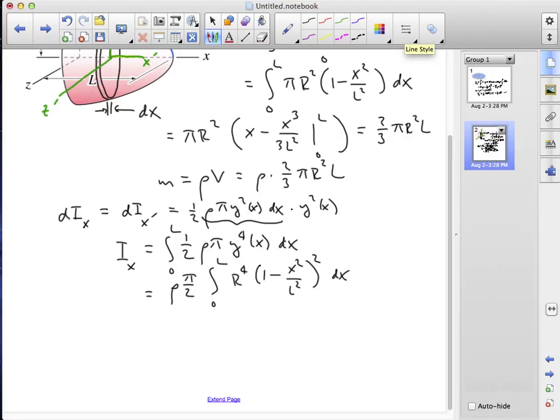We can then expand that integrand to get rho pi over 2. We'll pull the r to the 4th out again, and we're integrating from 0 to L, 1 minus 2 x squared over L squared plus x to the fourth over L to the fourth dx.